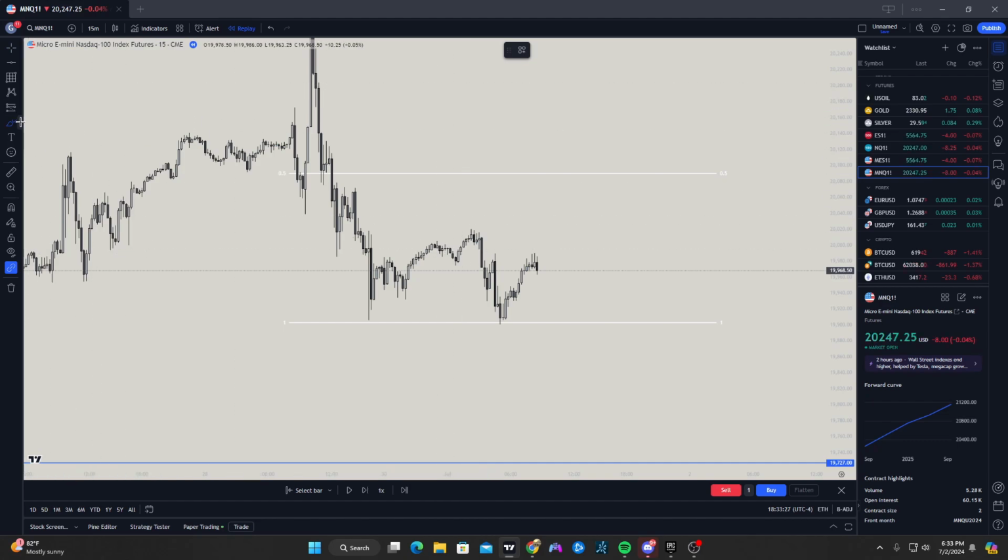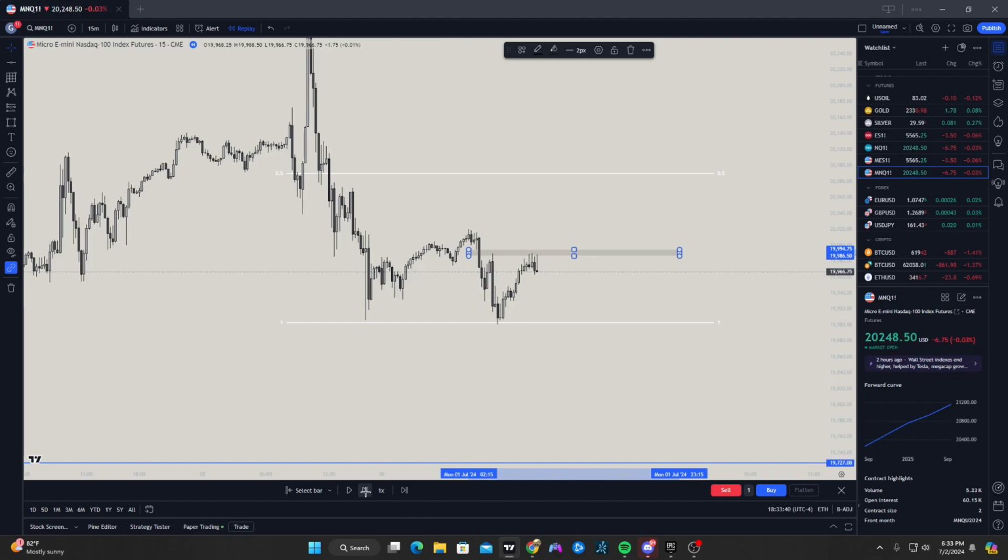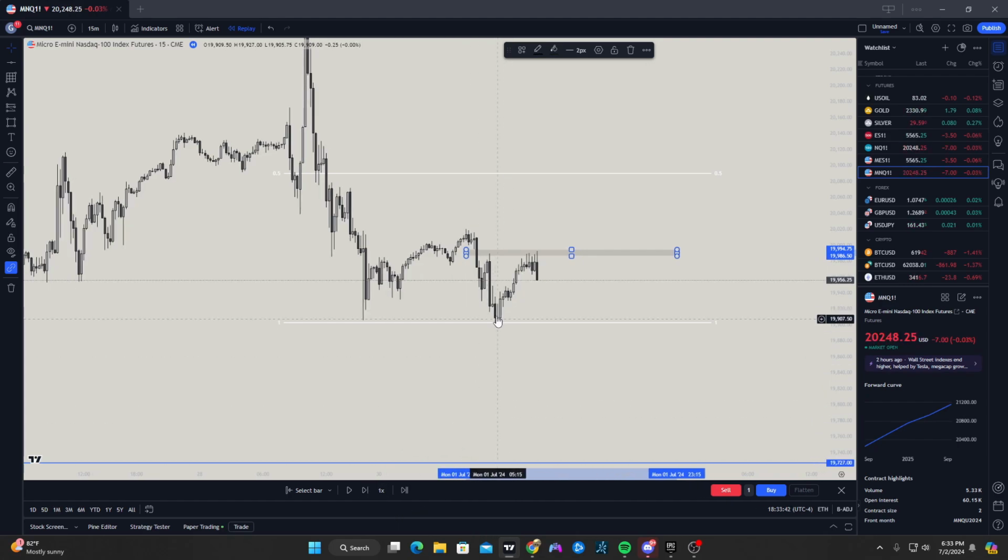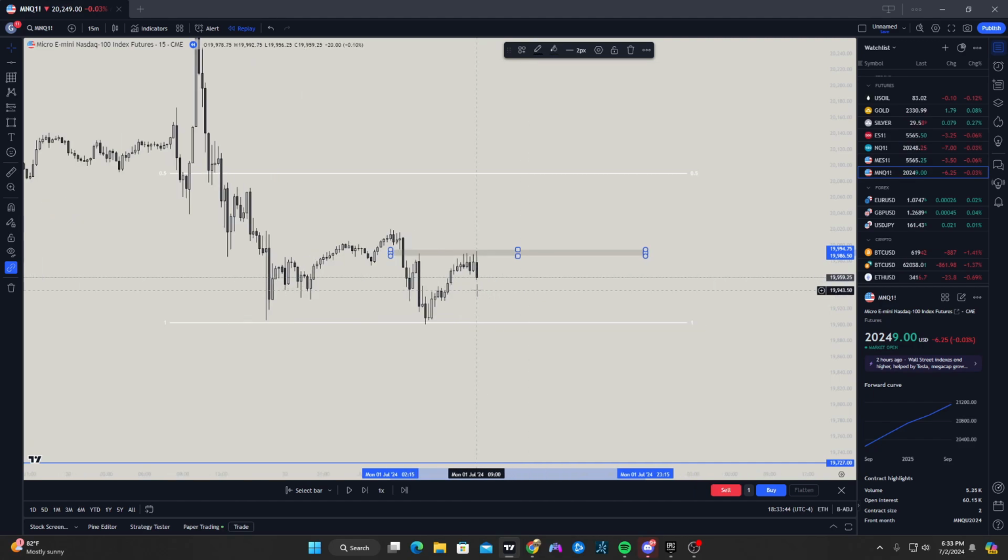Sorry, I don't know why I clicked on brush. We can see this fair value gap right here, respected, so that leaves me more bias. Liquidity right here looks like it's going to be taken, and we could actually check that right now. Yeah, okay, that looks like it was a liquidity sweep.